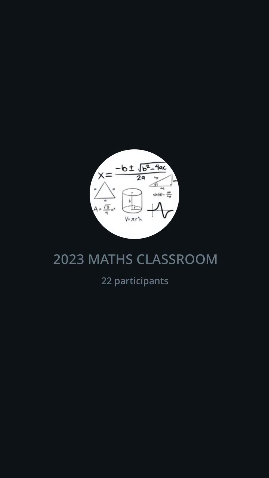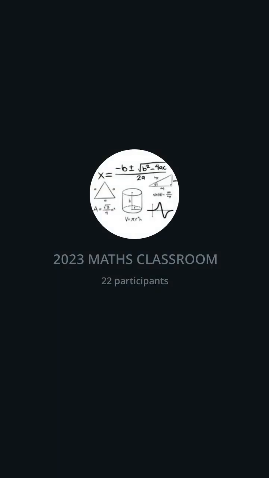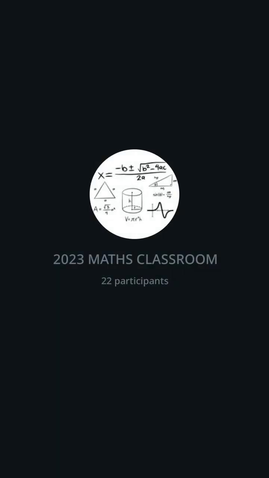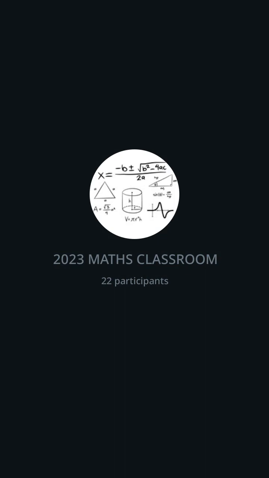Most importantly, guys, if you remember what I said in yesterday's lesson, I said under number patterns, n will never be less than or equal to 0. That means it will never be a negative value. So the moment you are presented with two possible answers, one should be the correct answer, which is obviously the positive value being 20.